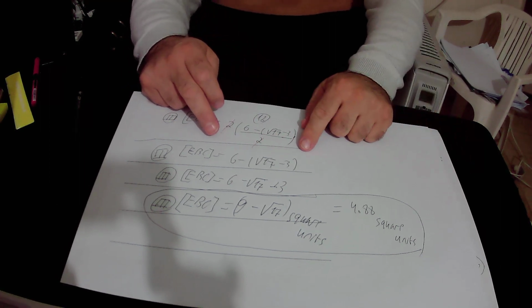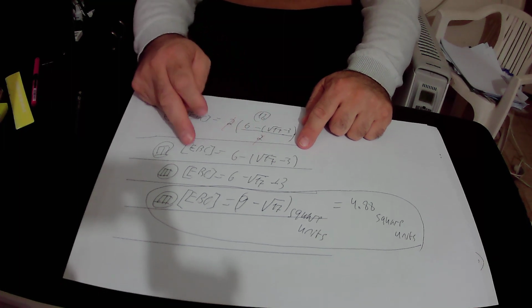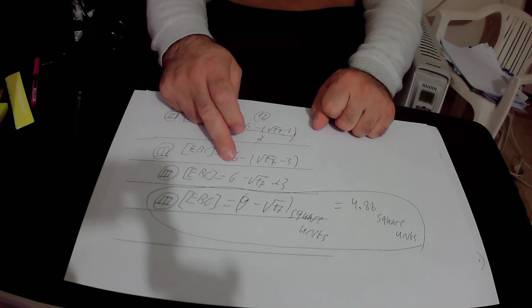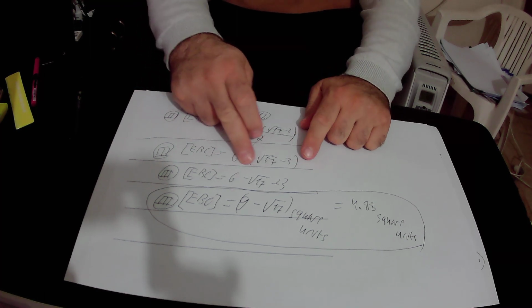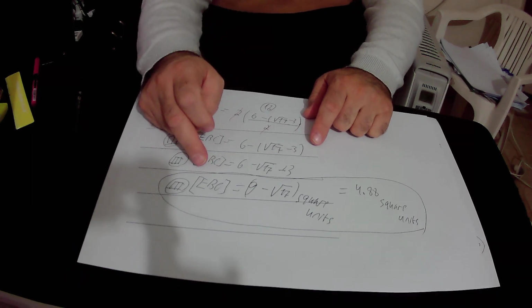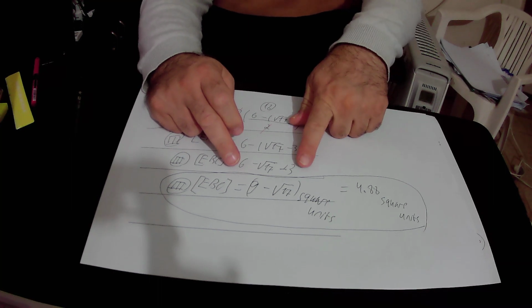Here we open the brackets of this expression, and we got that the area of the green triangle EBC equals 6 plus 3 minus square root of 17, and the area of the green triangle EBC equals 6 plus 3 is 9 minus square root of 17.